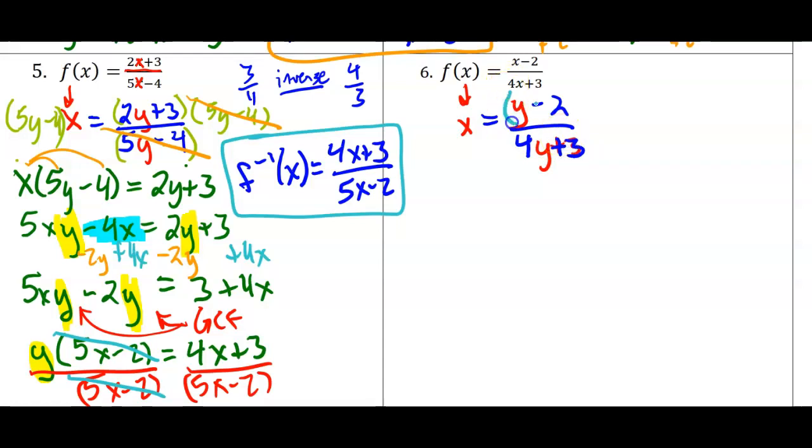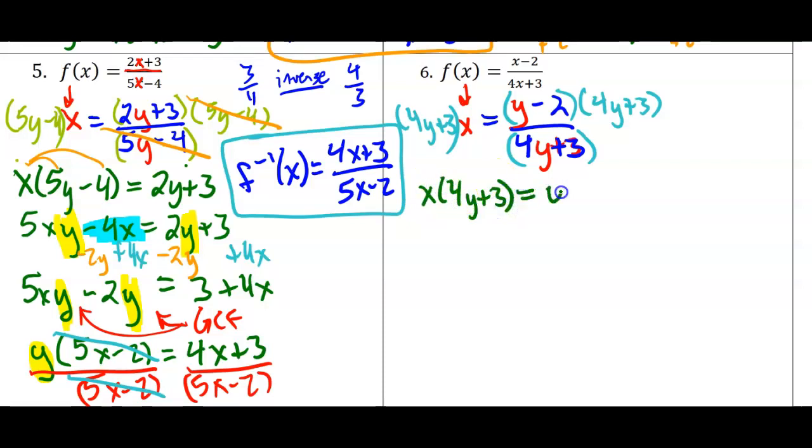Thinking about this quantity on the top divided by the quantity on the bottom, what I need to do then is multiply both sides by 4y plus 3. So rewriting, I'm going to get x times 4y plus 3 equals y minus 2, because 4y plus 3 over 4y plus 3 reduced to 1.